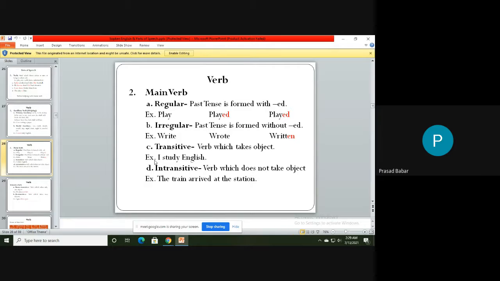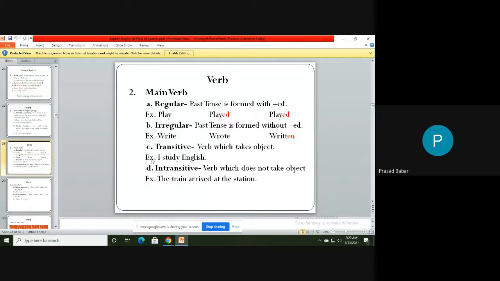I study English. In this example, the first I is what? Subject. Then comes study. Study is verb. After study, there comes English. What I study?